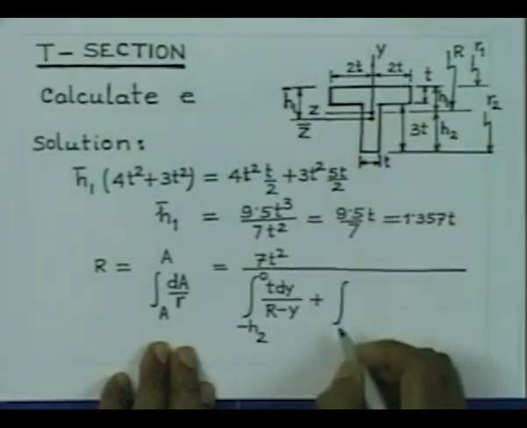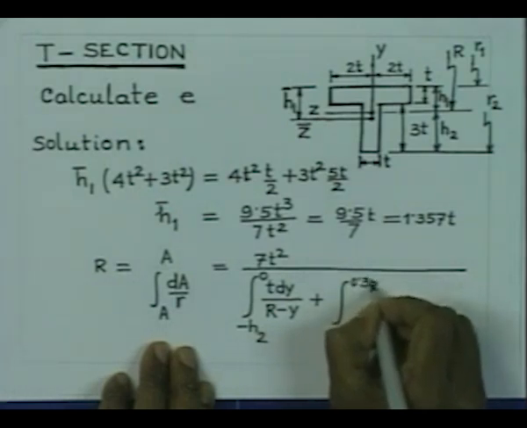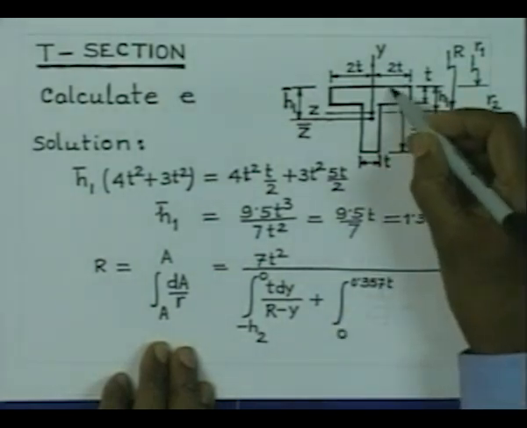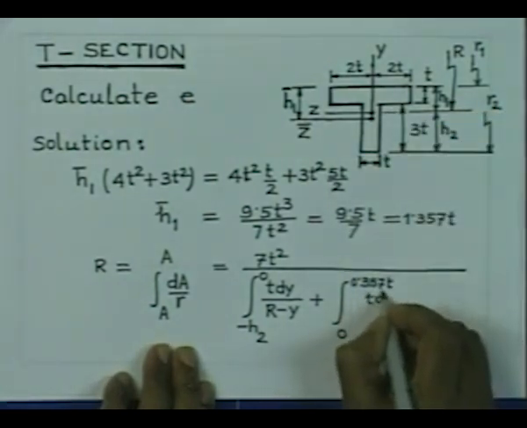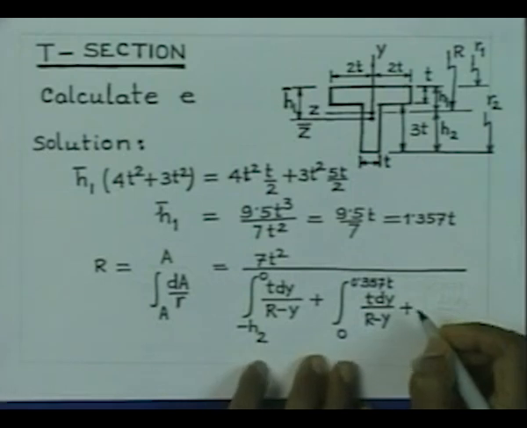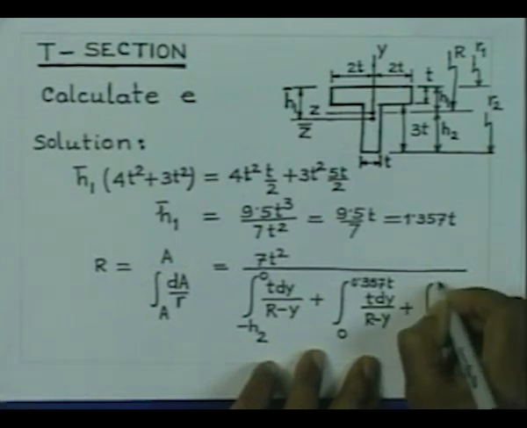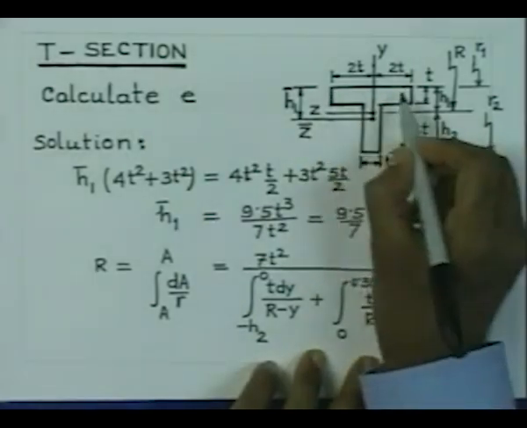plus from origin to the junction of the web and the flange, which is at a distance of 0.357 T. Since this height is equal to 1.357 T and this is T, this portion is 0.357 T, and this dA is nothing but T dy divided by R minus y, plus the integration from the height 0.357 T to 1.357 T, and in this case for this portion the width is equal to 4T.